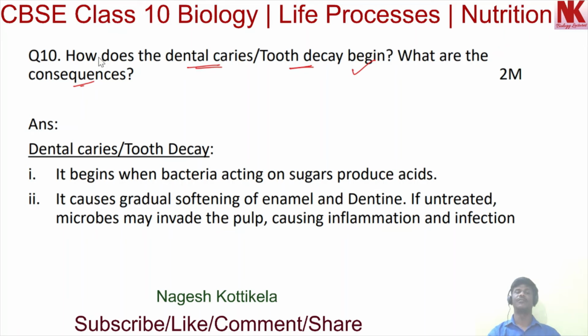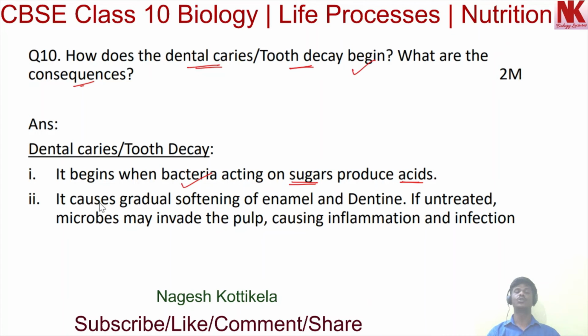For the first part of the question, the answer can be written like this: tooth decay begins when bacteria acting on sugars produce acids. Because of these acids, tooth decay or dental caries begins. Now the second part of the question, what are the consequences of dental caries or tooth decay?